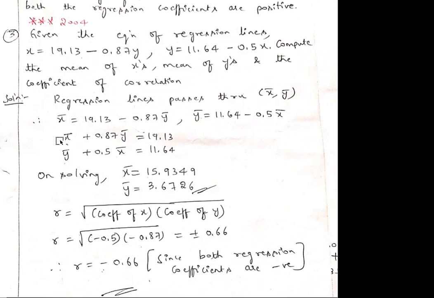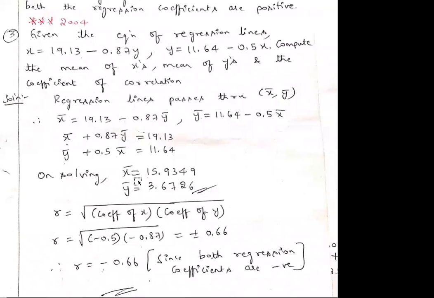So a1 here, the coefficient is 1, b1 is 0.87, and c1 is 19.13. Likewise, a2 is the x bar coefficient, students, so a2 should be 0.5, and b2 is the y bar coefficient, which is 1, and c2 is 11.64.